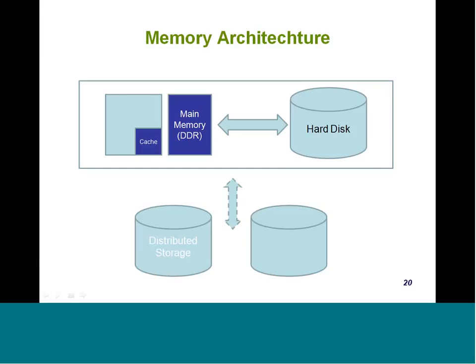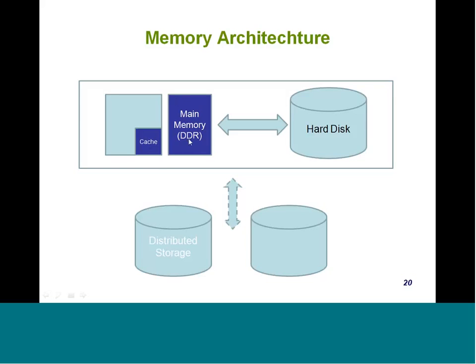Then we also have the main memory. An example would be the DDR memory. DDR3 is very famous nowadays. You get 2 gig or 4 gig DDRs. Sometimes the caches used to be in KBs, now probably megabytes and gigabytes are also available.